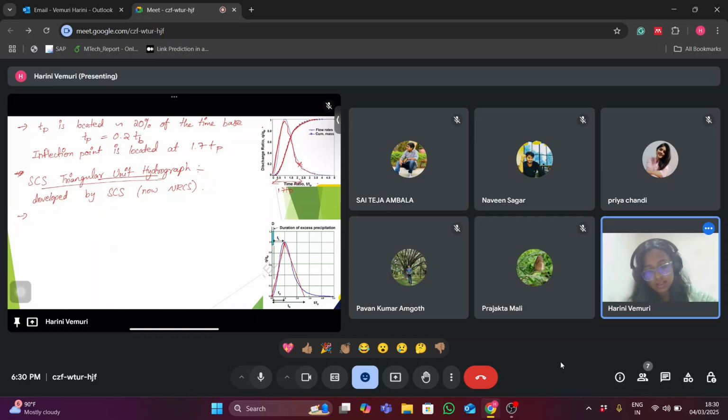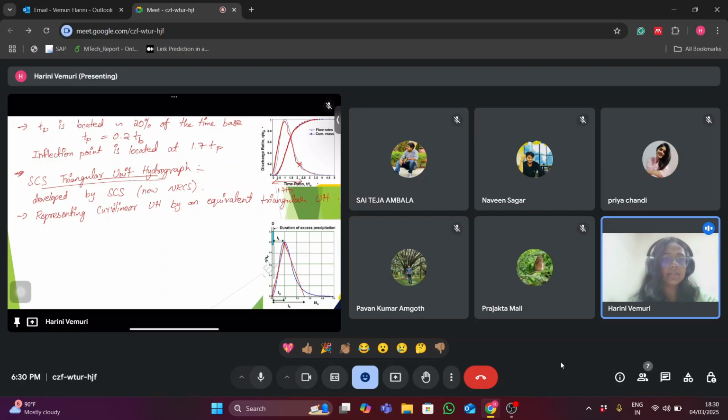We are representing the curvilinear unit hydrograph by an equivalent triangular unit hydrograph.